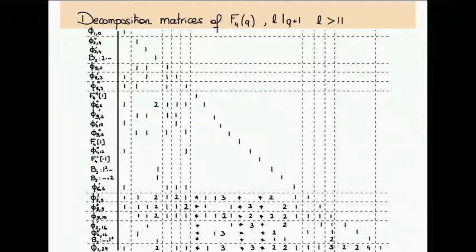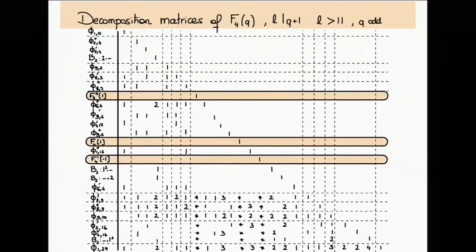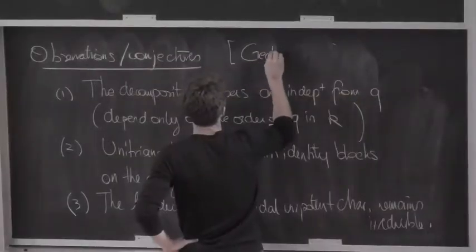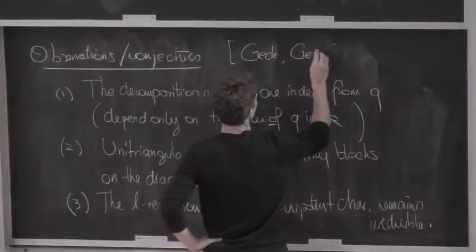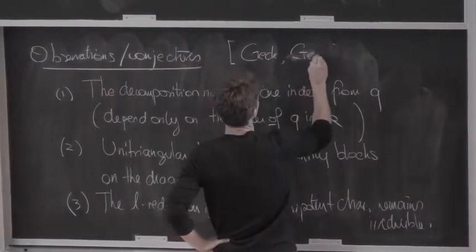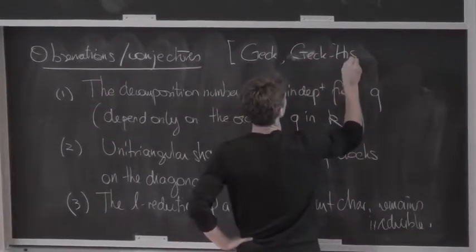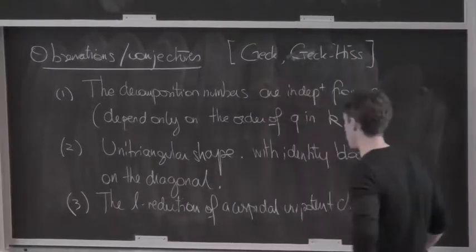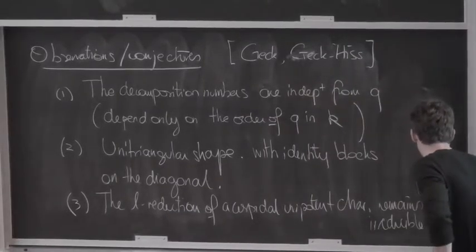And if you look at the rows corresponding to the characters which are cuspidal, they're labeled by F4, so there are 3 of them, and they all remain irreducible modulo l. All these conjectures and observations were made by Geck and Hiss. And the last one is now a theorem.